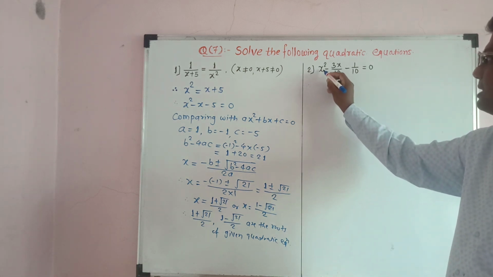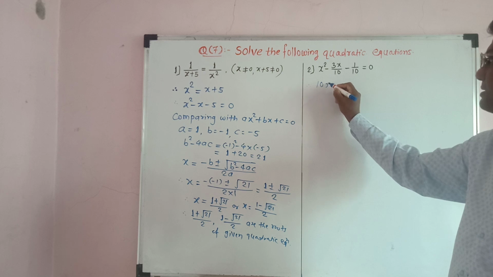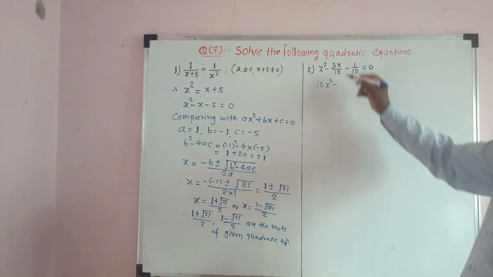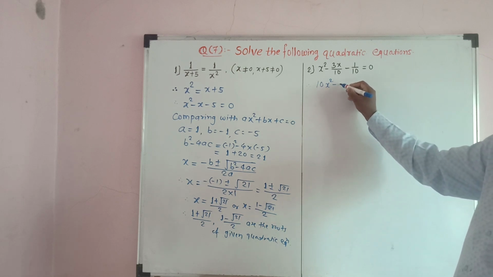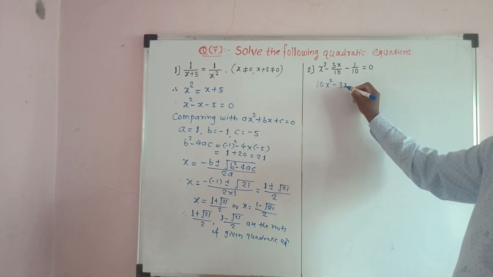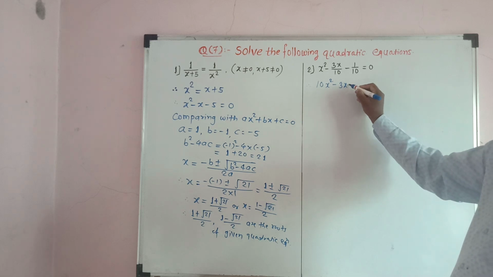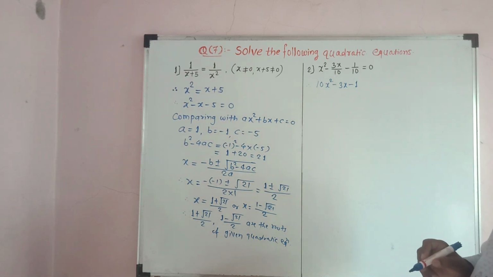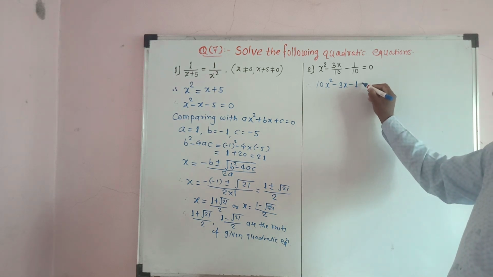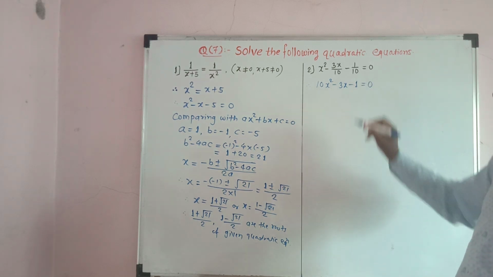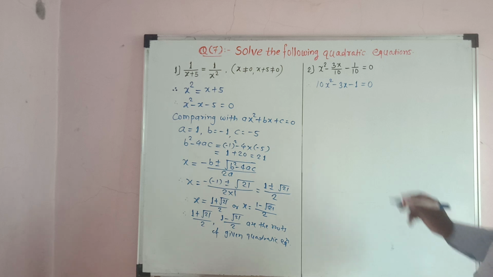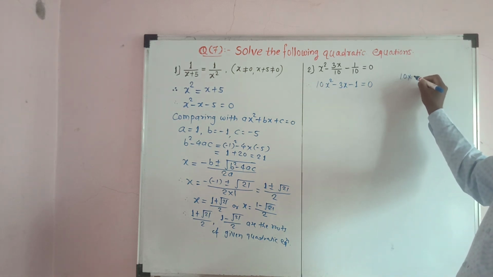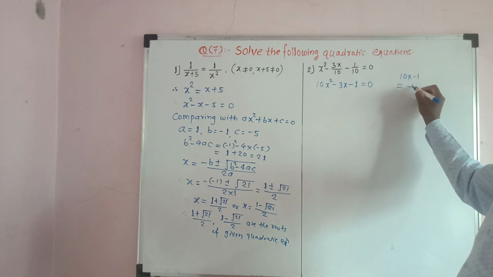Therefore 10 into x square is 10x square minus 10 into 3x upon 10. 10 will get cancelled. What will remain is 3x minus 10 into 1 upon 10. 10 cancelled. Remain minus 1 is equal to 0. Now this 10 into minus 1, 10 into minus 1 is equal to minus 10.